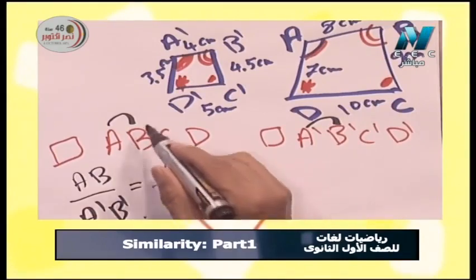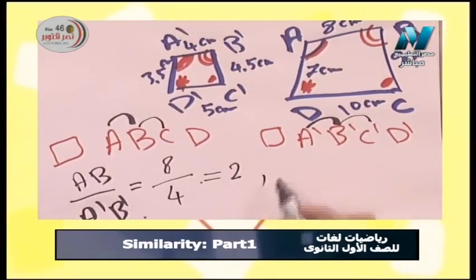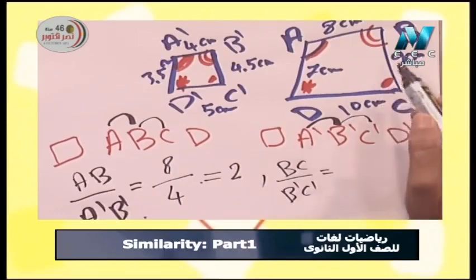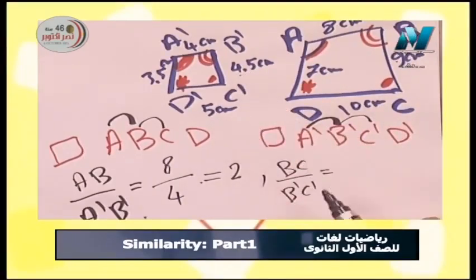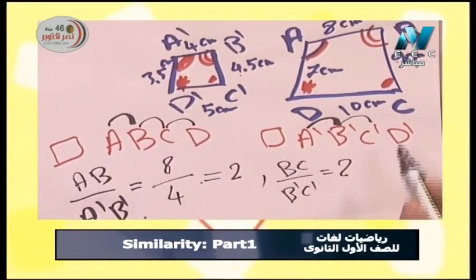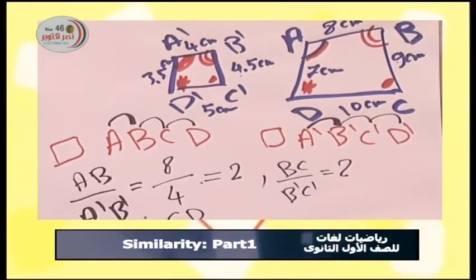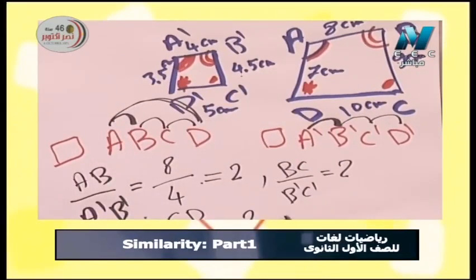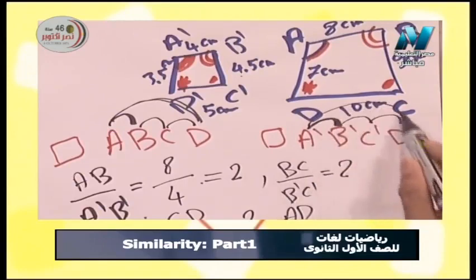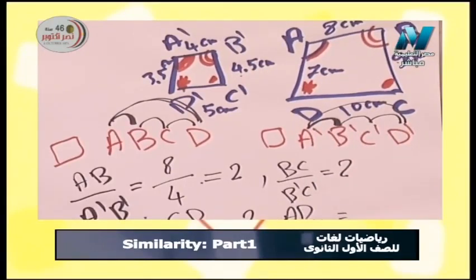And BC over B dash C dash equals 9 divided by 4.5, which is 2. We find that CD over C dash D dash equals 2, and the last one, AD over A dash D dash, equals 2. So all ratios here are equal.